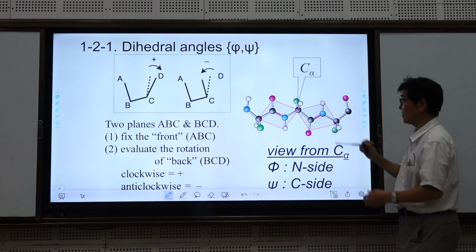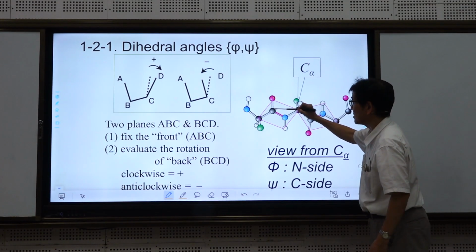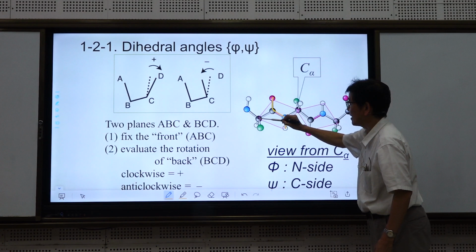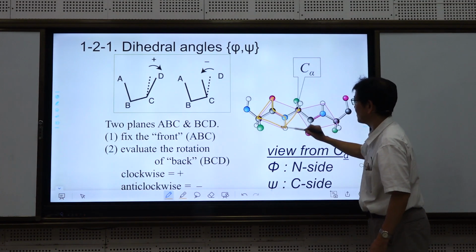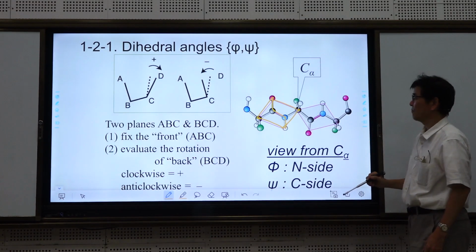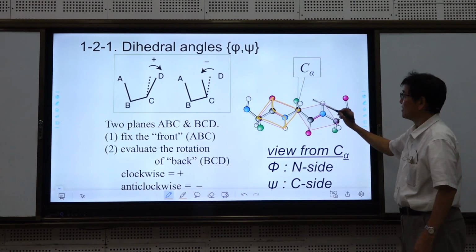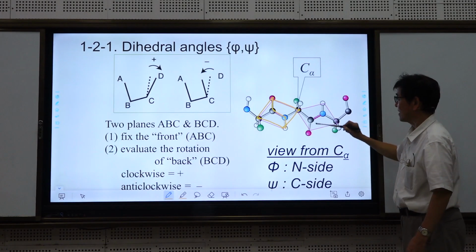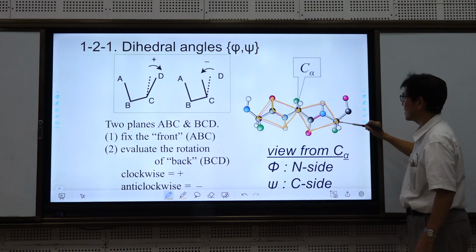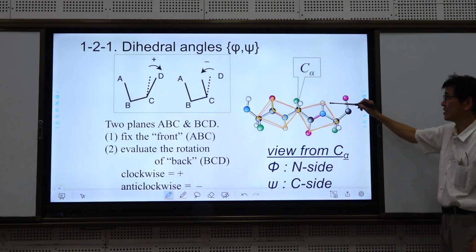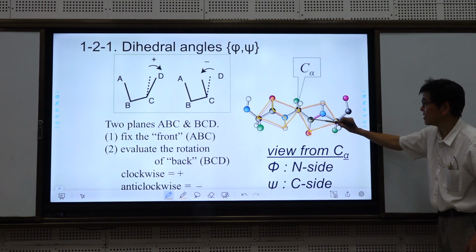And as already I explained, the peptide bond O, C, N, H and adjacent carbon forms a planar structure. It's also the case for the other side. There is one more planar structure, including peptide bond O, C, N, H.